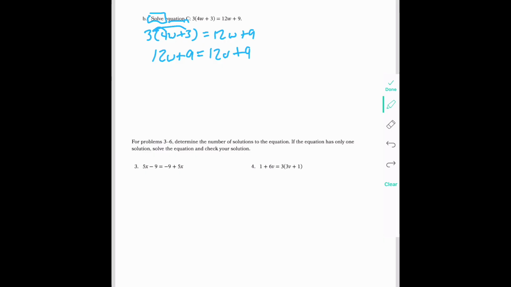In this situation, it does not matter which variable I get rid of because they're both the same variable and they're both the same sign. So to get rid of them, I would have to do minus 12w no matter which one I got rid of. So what that's going to end up doing is canceling this out and canceling this out, saying that 9 is equal to 9. Okay?